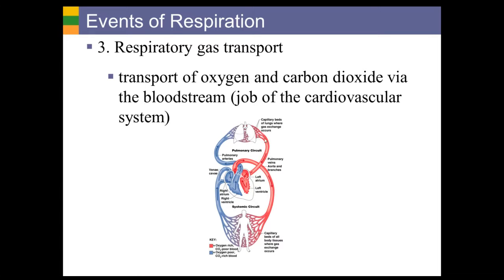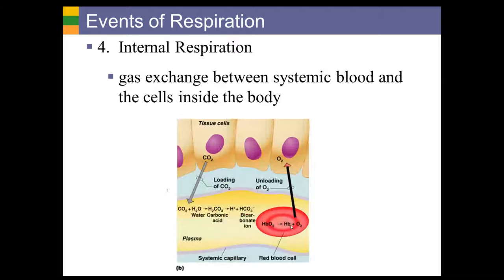After we oxygenate that blood, then the cardiovascular system has to transport that blood to the tissues of the body, right? So our pulmonary veins bring it back to the left side of our heart, then the left ventricle pumps that blood to the systemic capillaries, and at the systemic capillaries, that's where we have internal respiration.